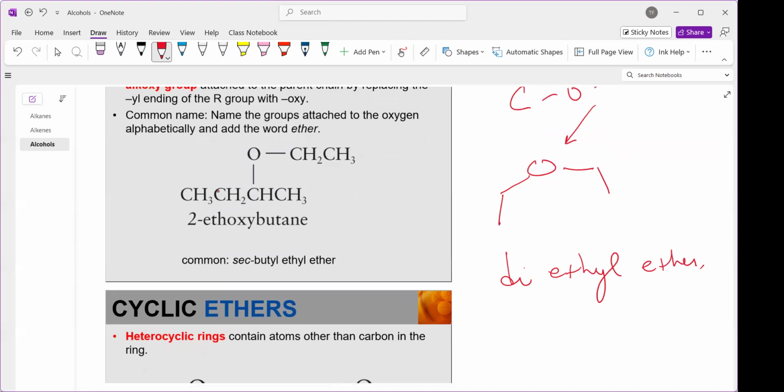They don't have to be the same. They can be methyl ethyl ether. That's the common way. Who's heard of MEK as a solvent? Anyone? MEK stands for methyl ethyl ketone. So it's used a lot in the paint industry.